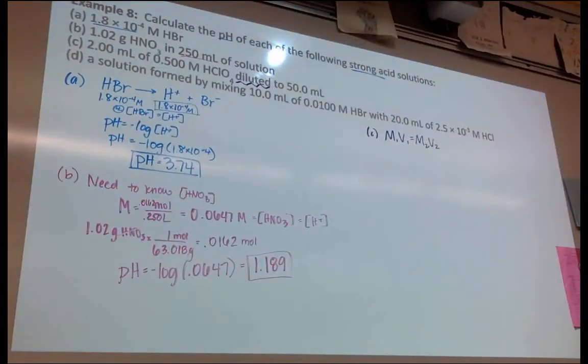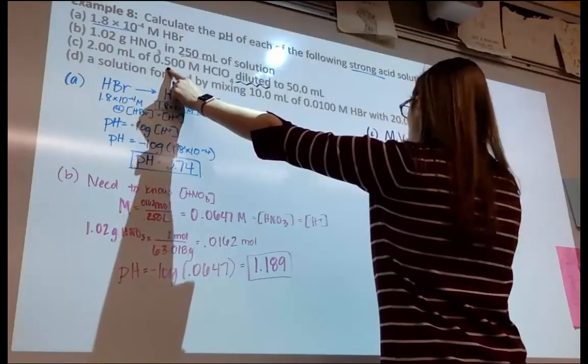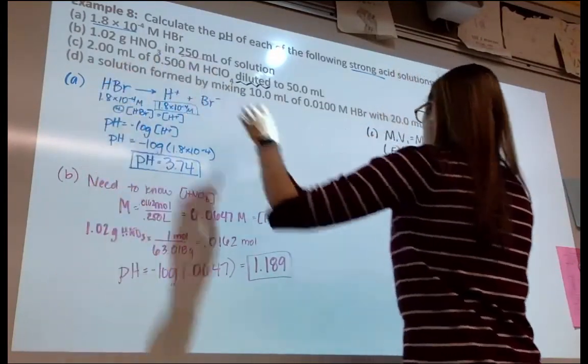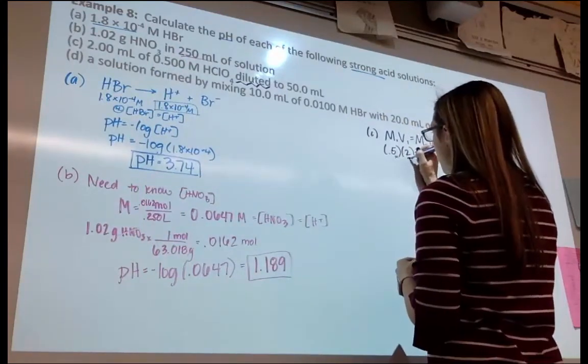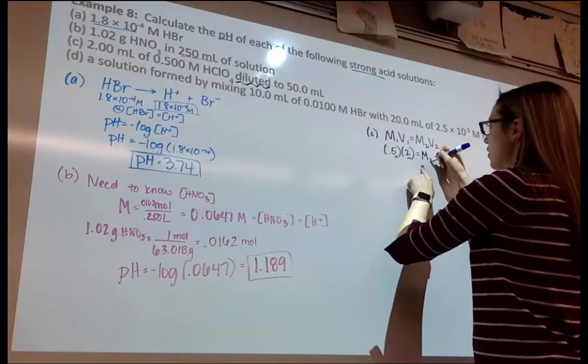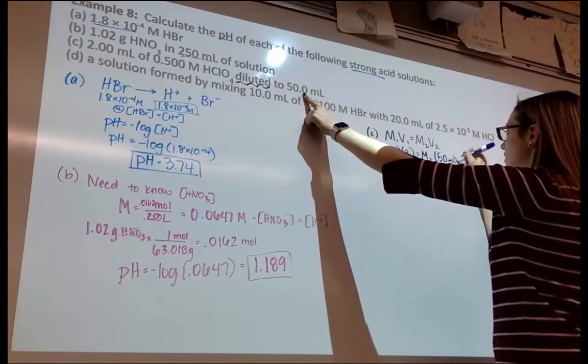We have a few equations that you need to know. This is one of them. Diluted is the key word. So M1, 0.5 molar, V1, 2 milliliters. Now remember, as long as your units are the same, you don't have to worry about converting volume. Let's solve for the new molarity when the new volume is 50 milliliters.